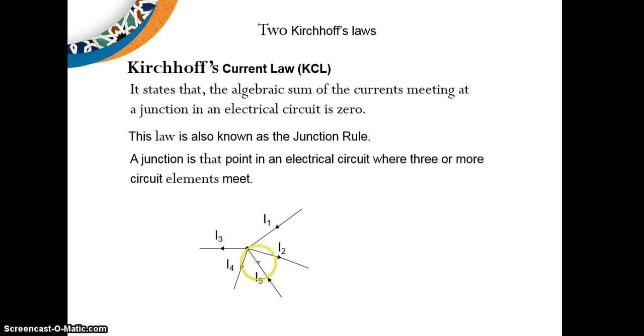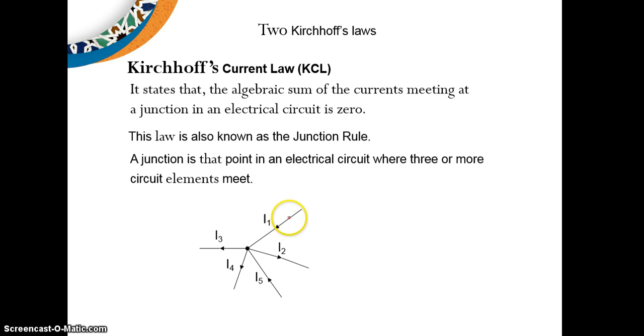You can even term it a node. Now as per KCL, the algebraic sum of all the currents meeting at the junction is equal to 0. Here there are 5 currents meeting, I1, I2, I3, I4 and I5, so adding all these currents should be equal to 0.